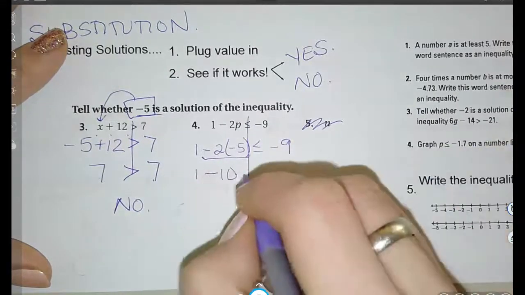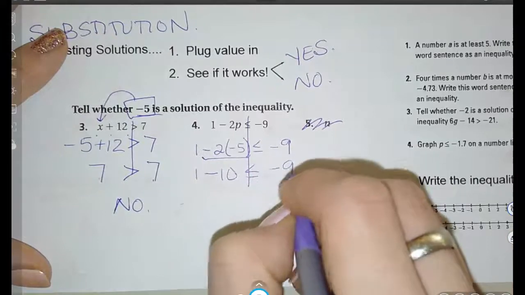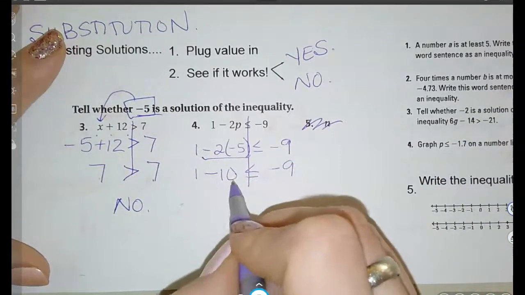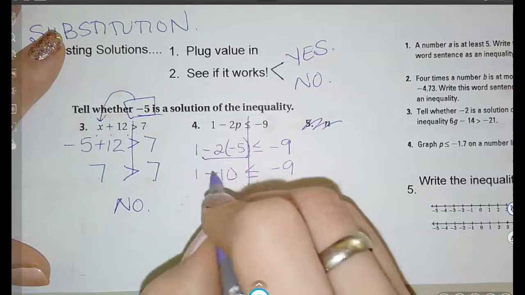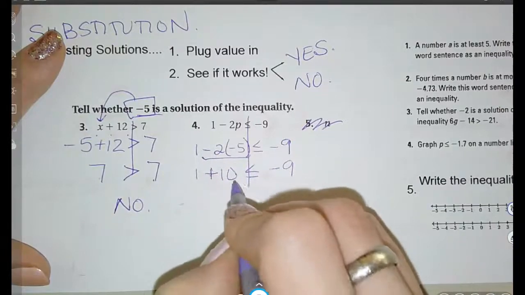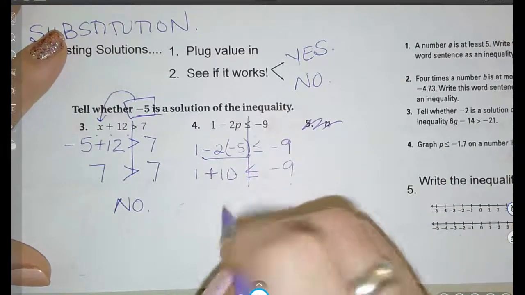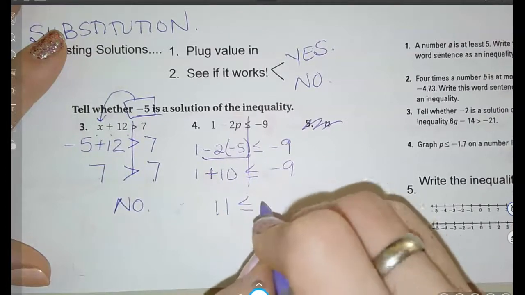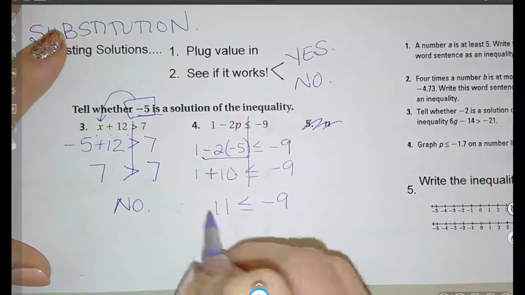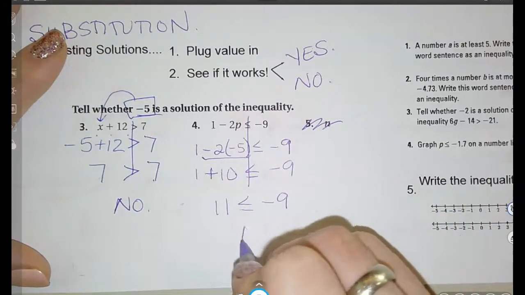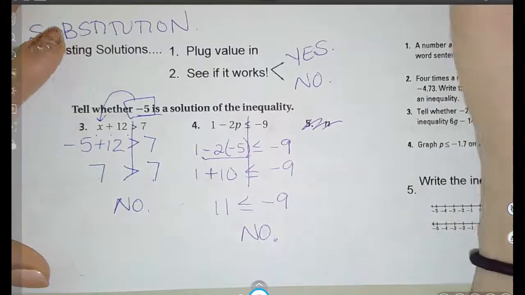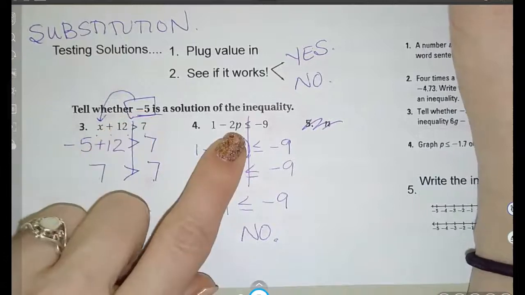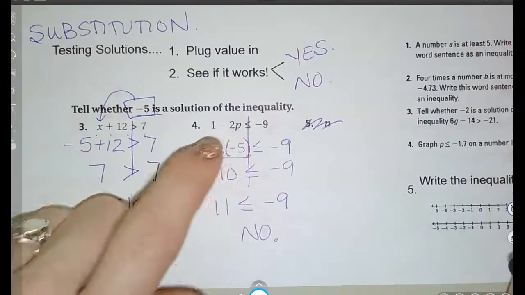So 1 minus 10, and I'm going to see if that's true. 1 minus positive 10. 1 plus 10. We get a positive 10 there. So 1 plus 10 is 11. 11 is not less than or equal to -9. When I get down to here, that statement is false. So again, my answer is no. -5 is not a solution that would work here if I plug it in for P.